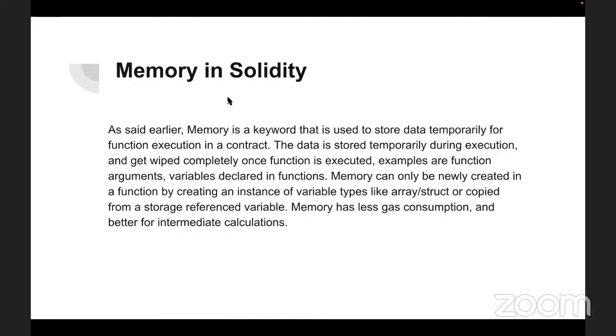What this sentence is trying to say is that memory variables can be a reference of storage variables like an array. It could be any variable type, and memory has less gas consumption. This is because once the function is executed, the data gets wiped and it doesn't consume gas.